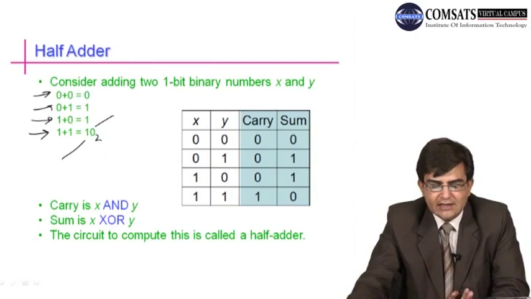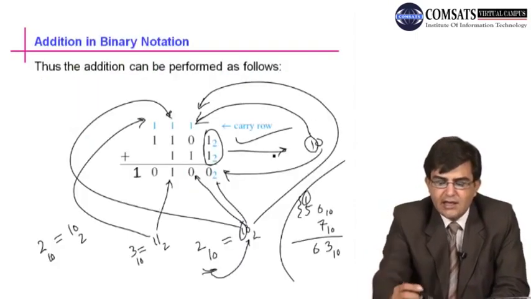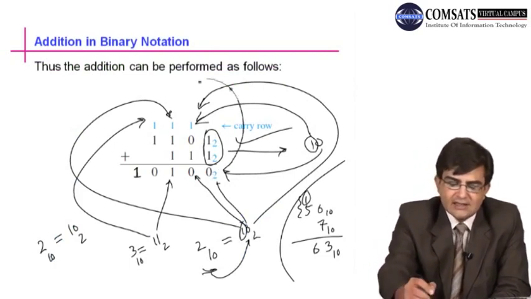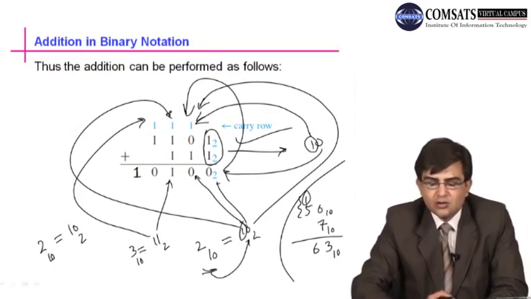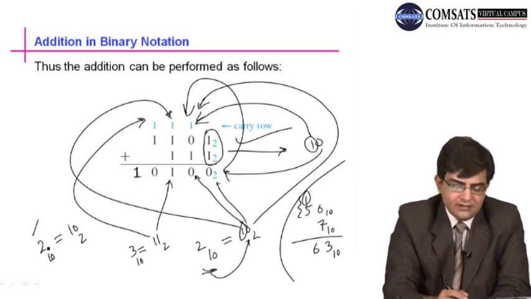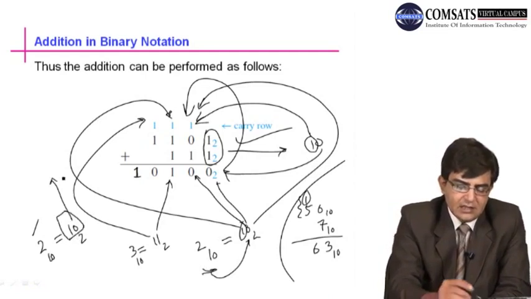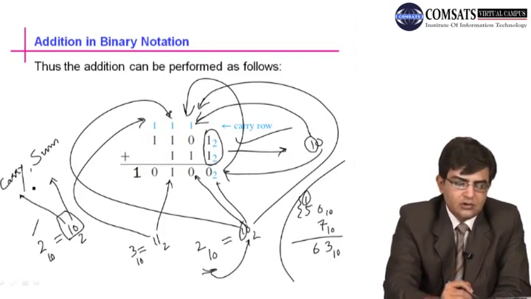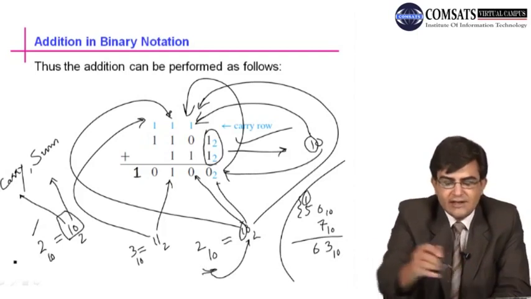As in addition here, when we add up 1 and 1, we write here 0 and we send 1 as a carry. So when we add up 1 plus 1, which gives us 2, here we have two digits. The first is called sum and the other is called carry, because this one we send as a carry.